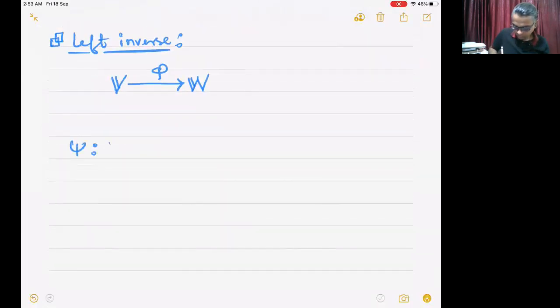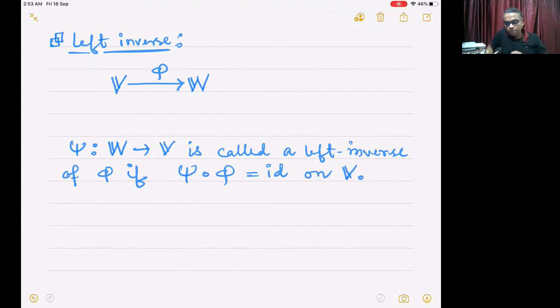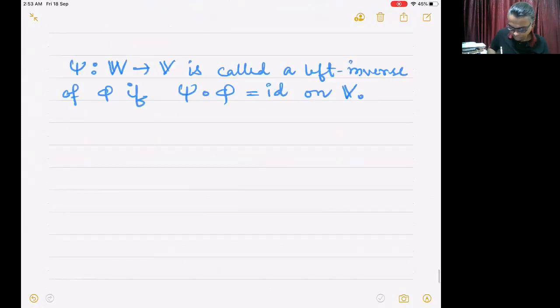A map psi from W to V is called a left inverse of phi if psi phi is equal to identity on V. So I apply phi first and then I apply psi, and I should get identity. I'm redrawing the same phi map diagram.